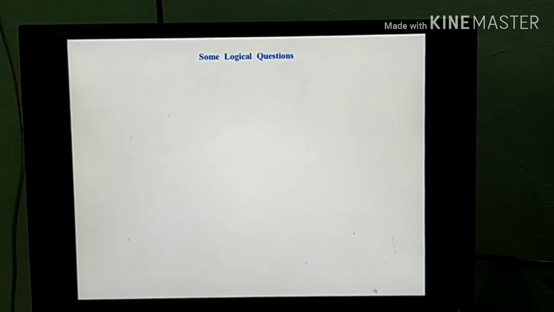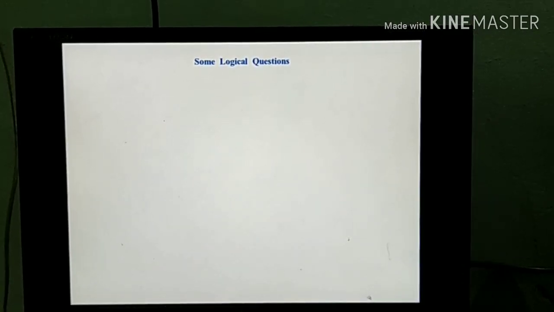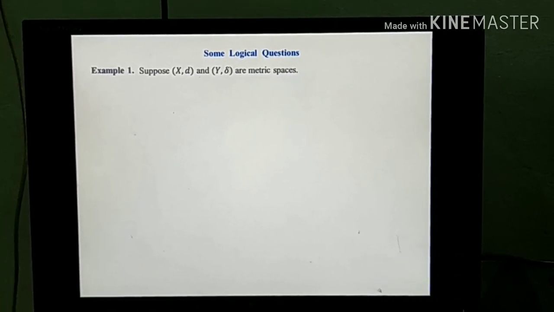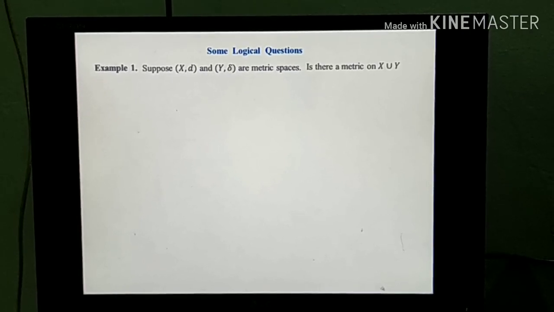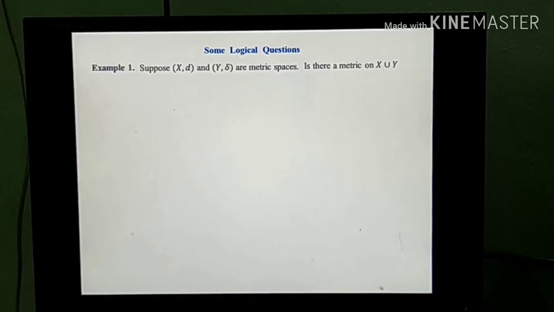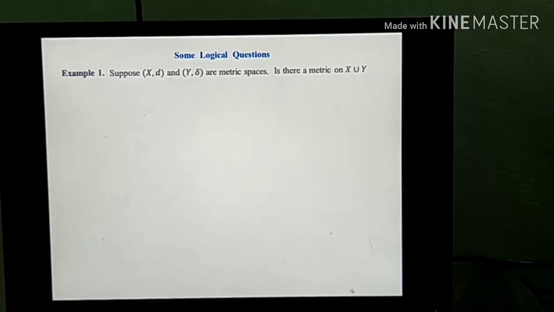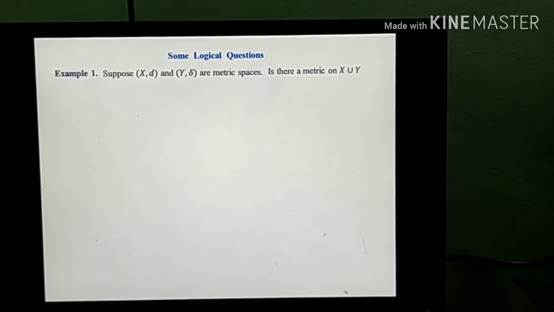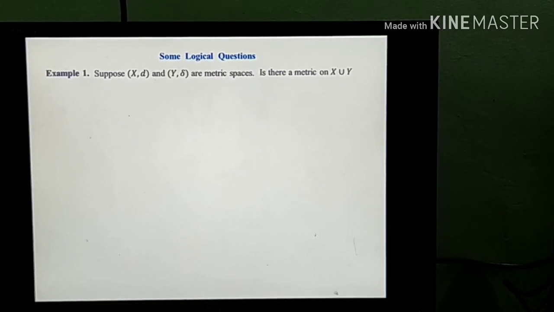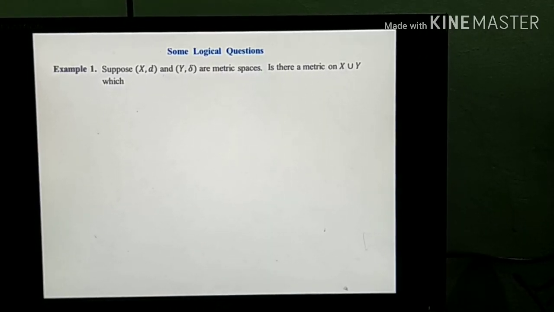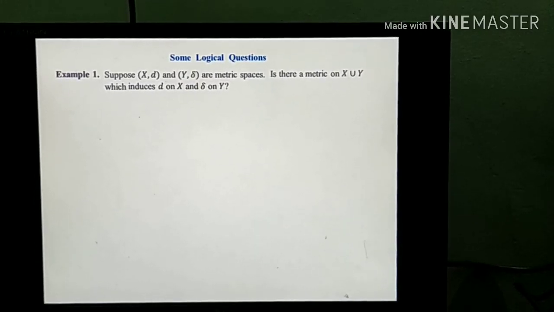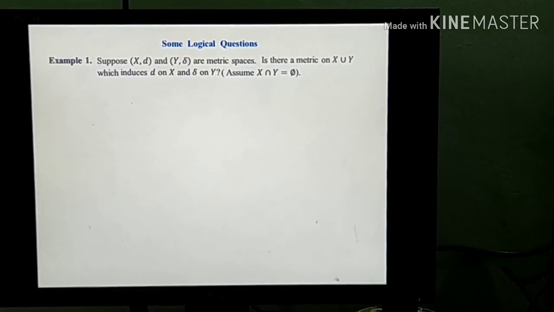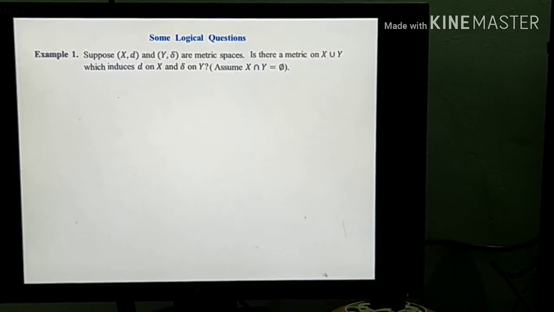Now we are going to observe some logical questions on metric spaces. First example: let (X, d) and (Y, delta) be two metric spaces, and we have to verify whether there is a metric on X union Y which induces d on X and delta on Y. We have to assume here that X and Y are disjoint, X intersection Y is equal to phi.